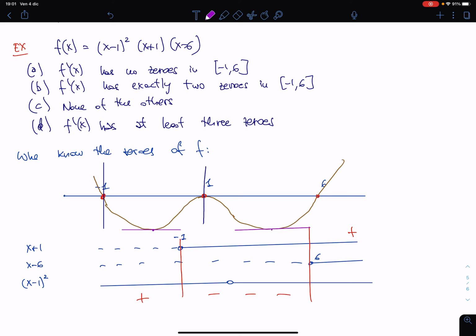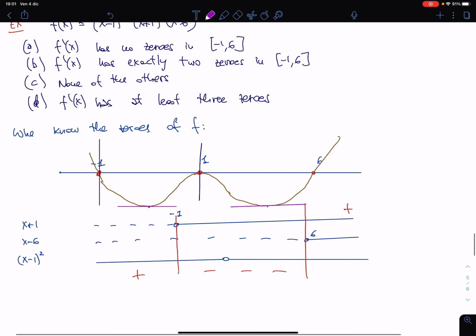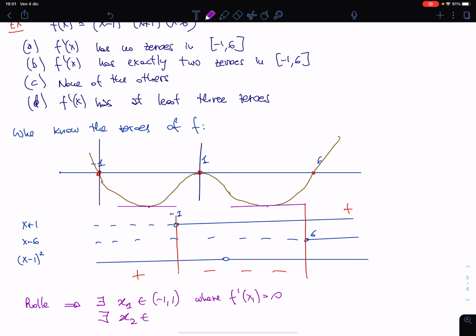So Rolle says there exists an x1 in minus 1, 1, where f prime of x1 is equal to 0. And there exists an x2 in 1, 6, where f prime of x2 is equal to 0.